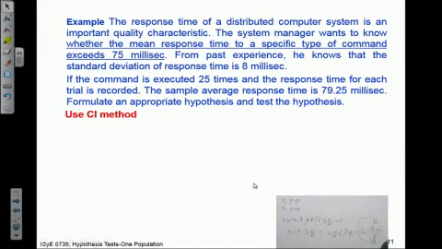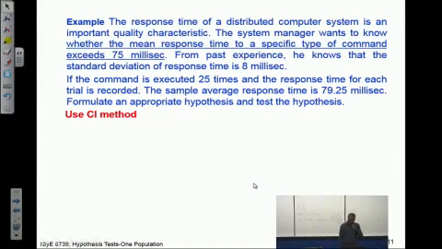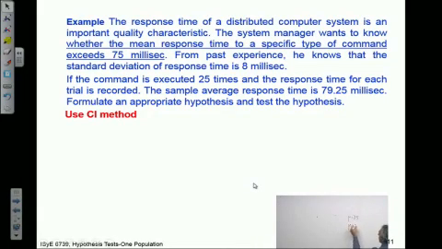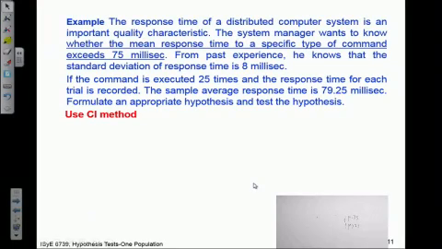So the same example that we had, use the confidence interval method to evaluate the hypothesis. Remember the hypothesis was mu equal to 75 and mu greater than 75. Okay, so what should we do?